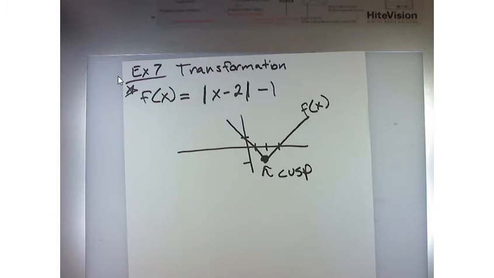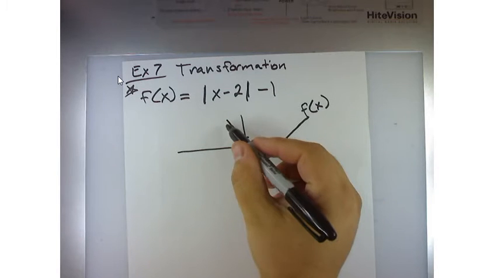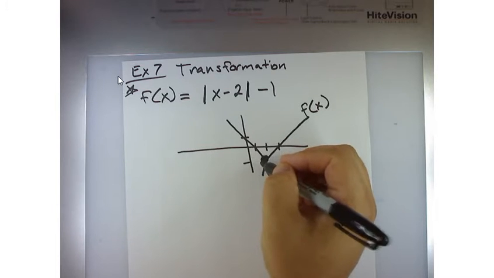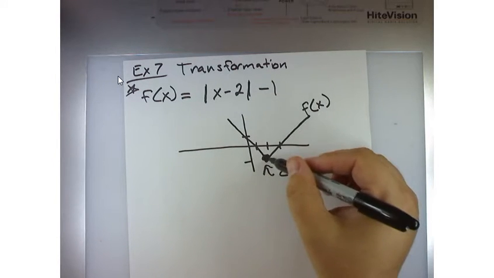Now here's the thing. When we go to do calculus on this, we can't do calculus at the cusp. I don't want to go into all the details or explain it to you guys, but we can't. But we still want to be able to determine or study the behavior of this portion of the absolute value function, and we still want to study the behavior of this portion.